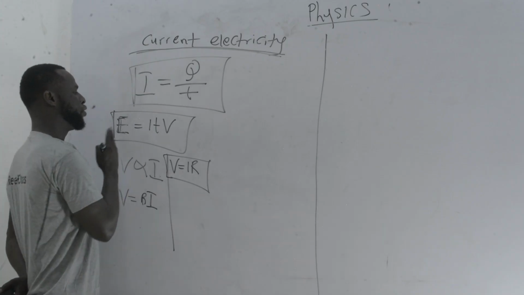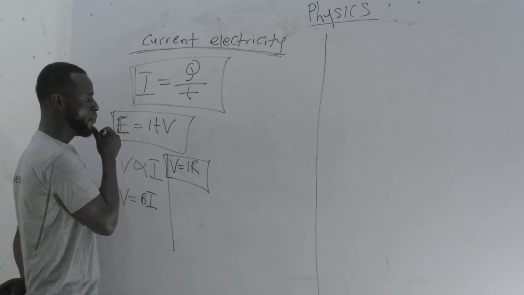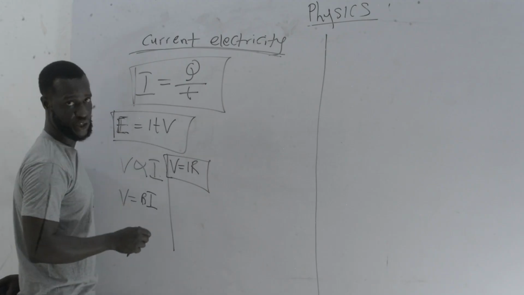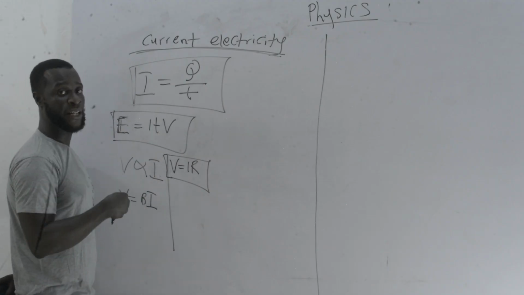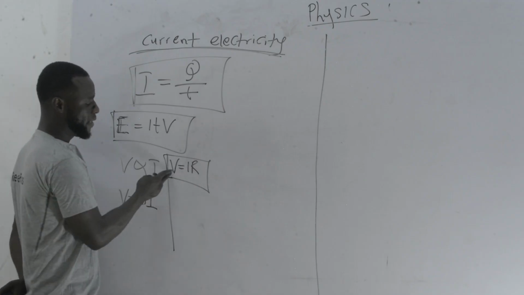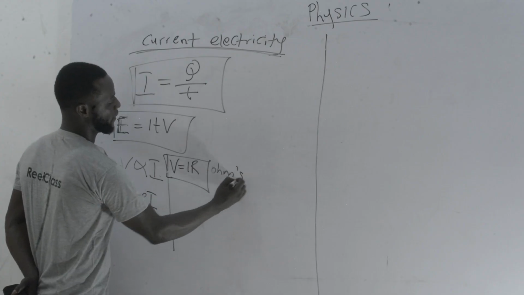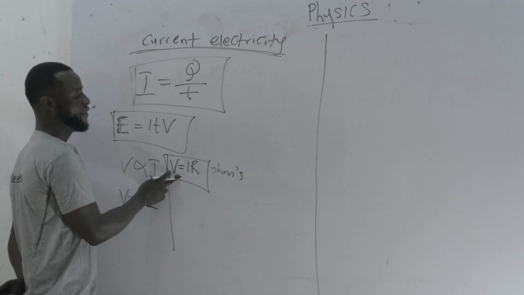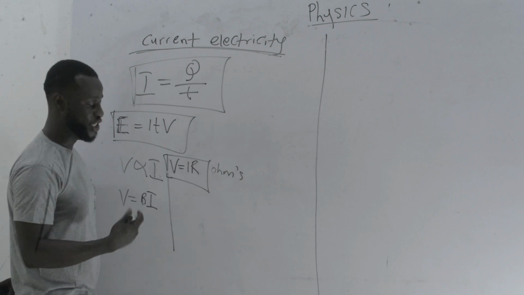I may ask you to find electric energy, and you are given current and time, but not voltage, and you need voltage to be able to find electric energy. But they give you resistance instead. From Ohm's law, I can find my voltage, and after finding my voltage, I can put it into this place, and I can find my electric energy.